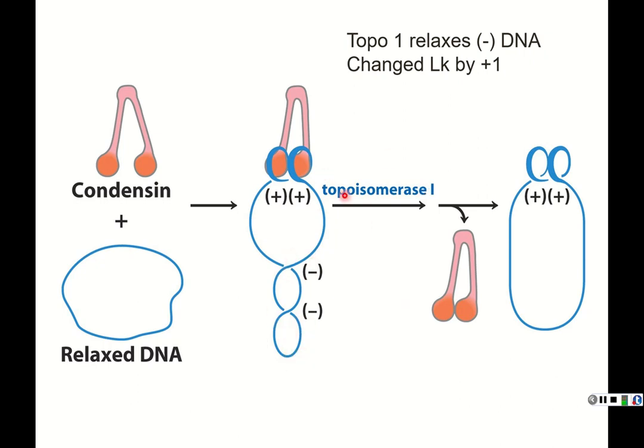That's where topoisomerase 1 comes in, which then cleaves those negative supercoils. And then condensin unbinds. The net result is you've added positive supercoiling to the DNA.